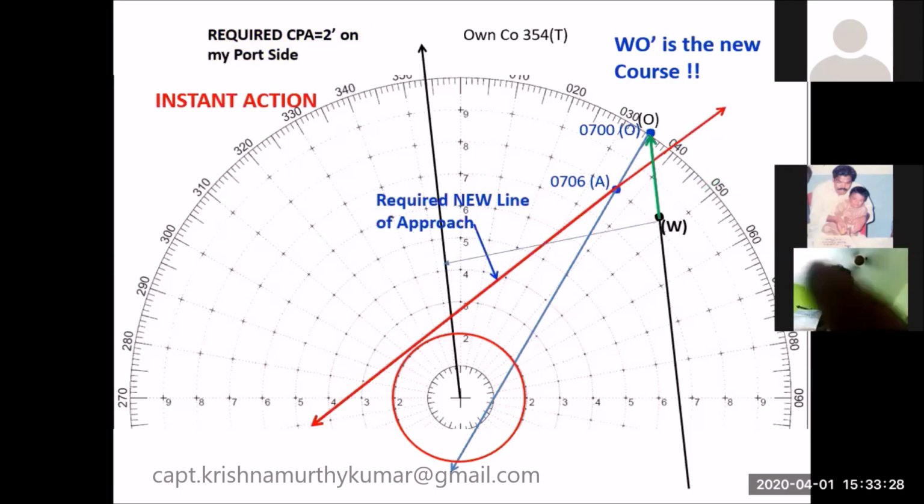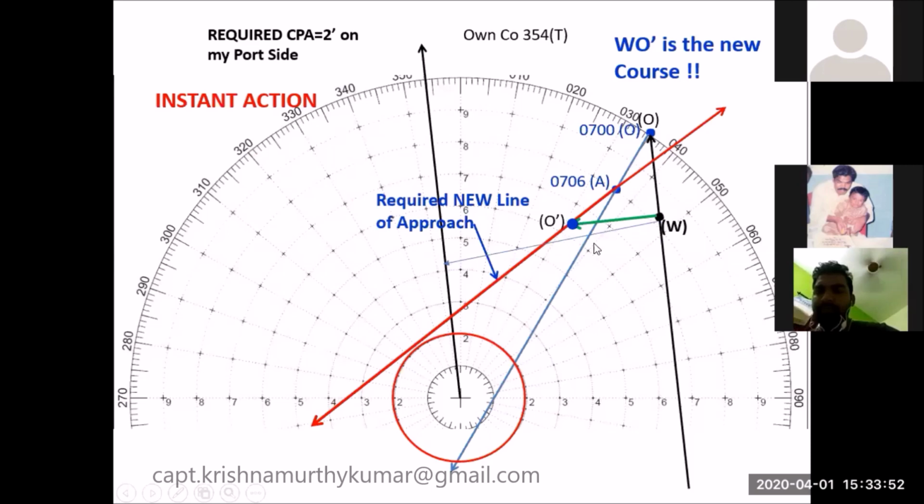just to tell some of the guys, what about port alteration? Okay. I've altered course to port by so many degrees. Still, it is 2 miles. There is something wrong in this.